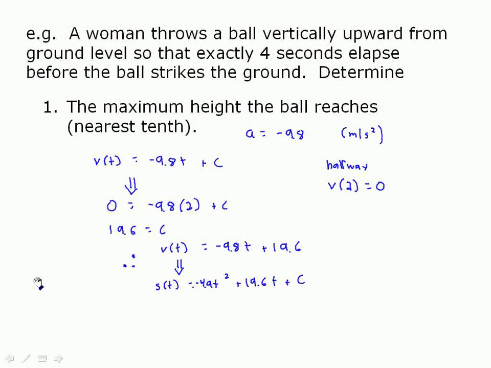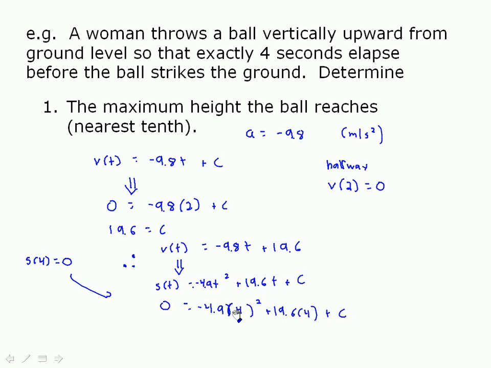And here we go back to the information that was given to get initial conditions, and it says that it strikes the ground 4 seconds afterwards. So this tells me that s at 4 is equal to 0. So these initial conditions allow us to write 0 is equal to negative 4.9 times 4 squared, plus 19.6 times 4, plus c.